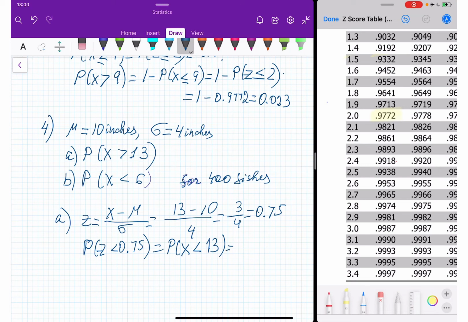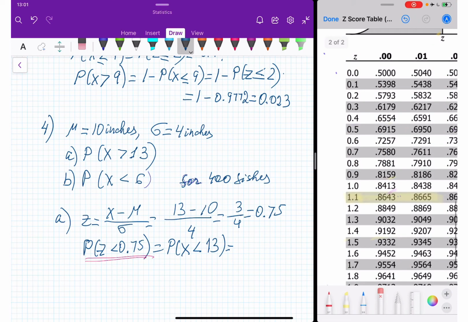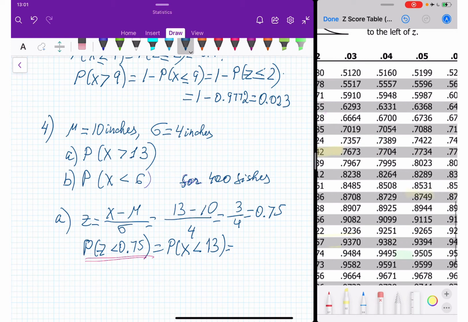Okay, so 0.75, our z-score. Here, 0.7, and we are moving to 5. Right here.